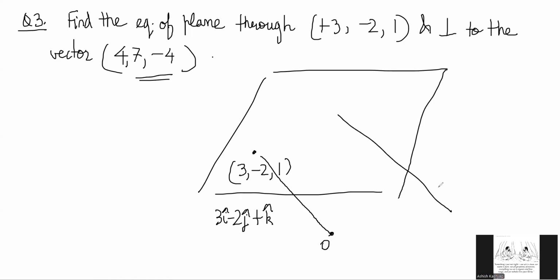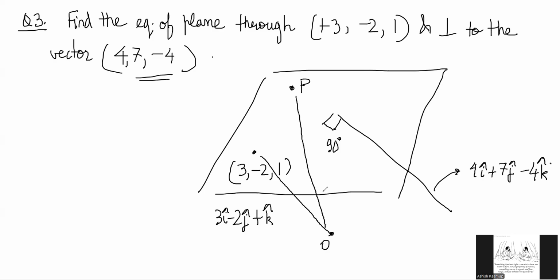So this vector, let's draw it like this. This angle is 90 degrees and this vector should be 4i plus 7j minus 4k, right? So if I take a third point in the plane whose position vector is r vector, and this point is called Q, then PQ line is totally lying in the plane because P is also in the plane and Q is also in the plane. So what is the coordinate of PQ vector?